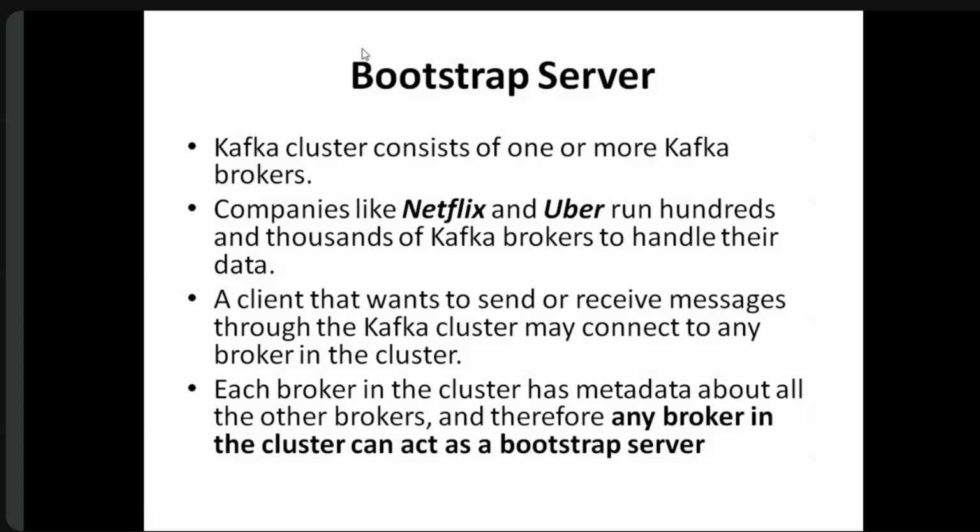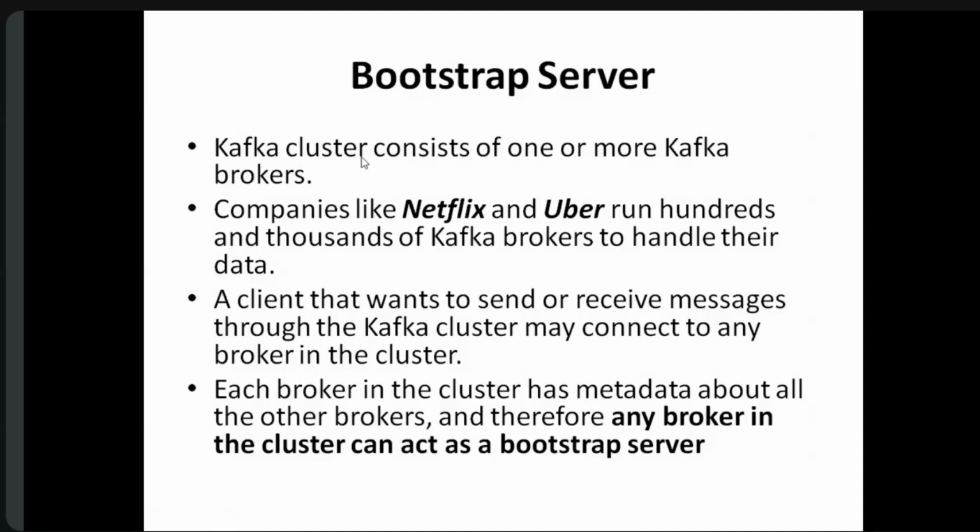Now assume that a client wants to send or receive a message through the Kafka cluster. That particular client can connect to any broker in the cluster. It is possible, but if that broker doesn't have the leader, then obviously that broker is of no use.